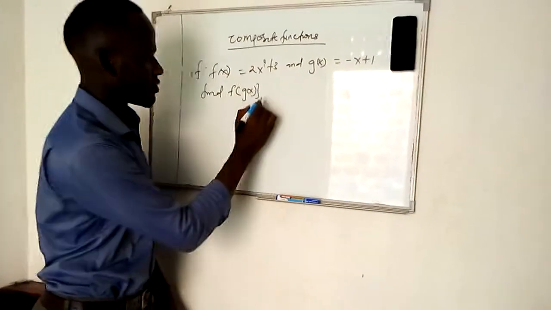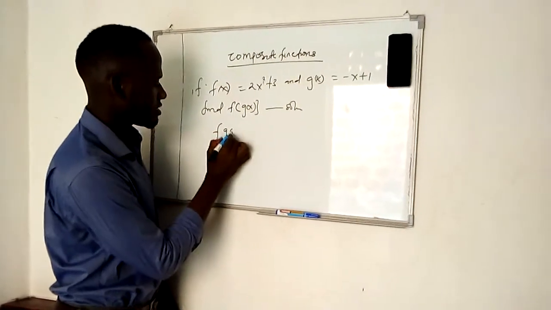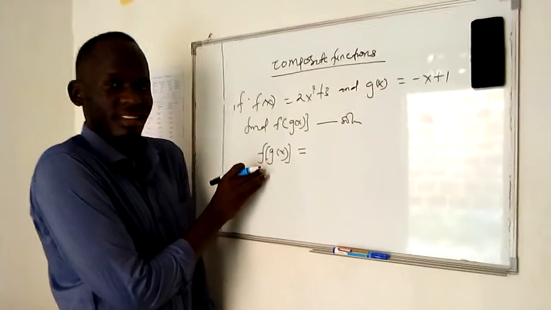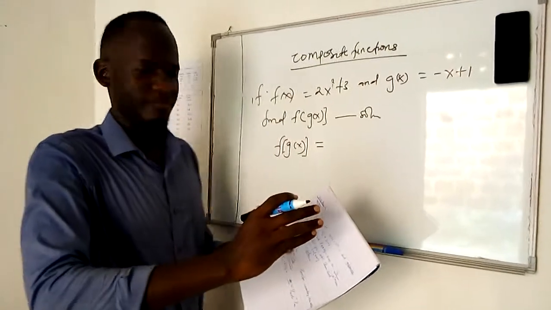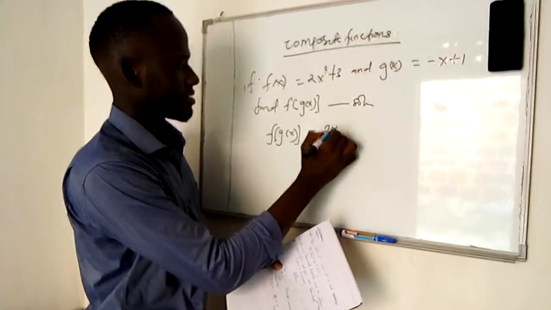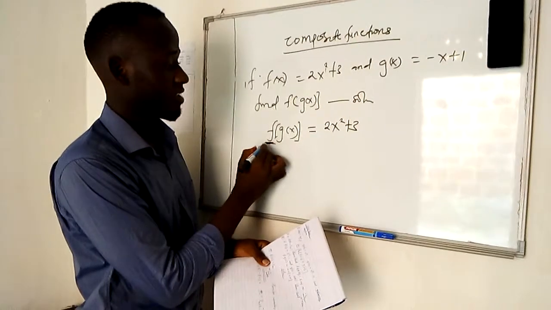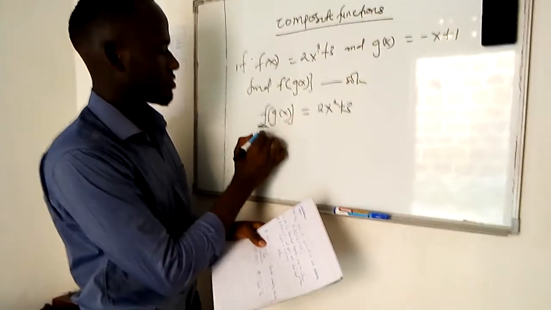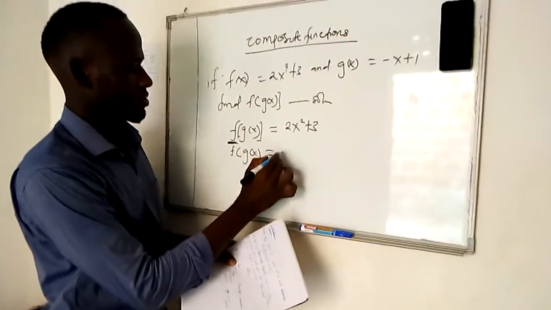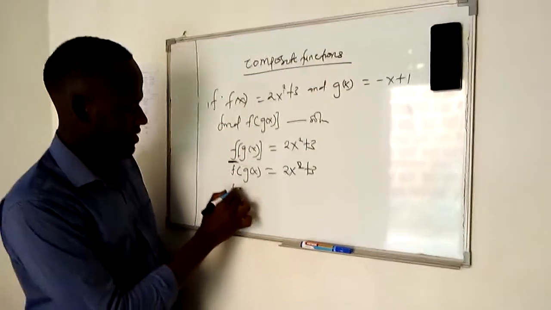So here we say solution, whereby f g of x will be equal to the one that has dissolved the other, is what you equate. So we shall say f of g of x is equal to 2x squared plus 3. But what is the value of g?